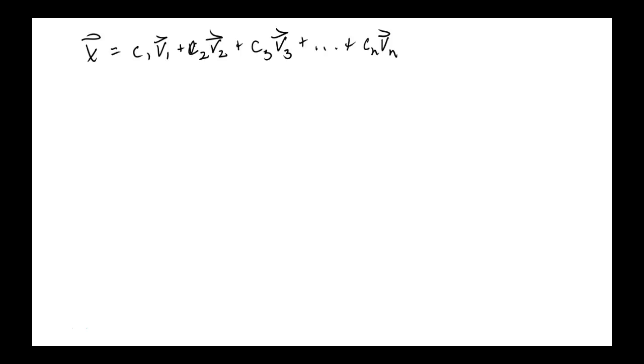And this is what we mean by writing x as a linear combination of other vectors v. It doesn't have to be x and v. You can mix and match and do whatever. But that vector x is called a linear combination of the vectors v1 through vn.